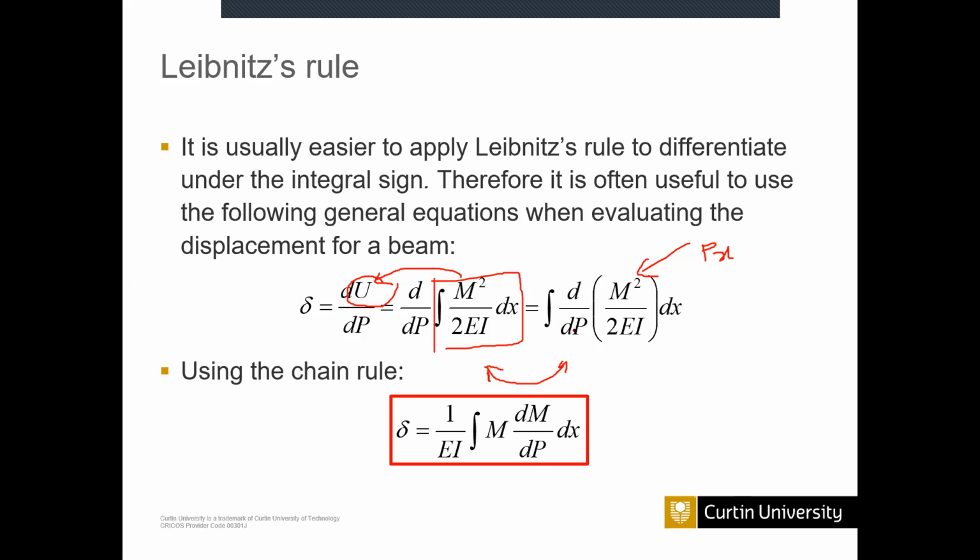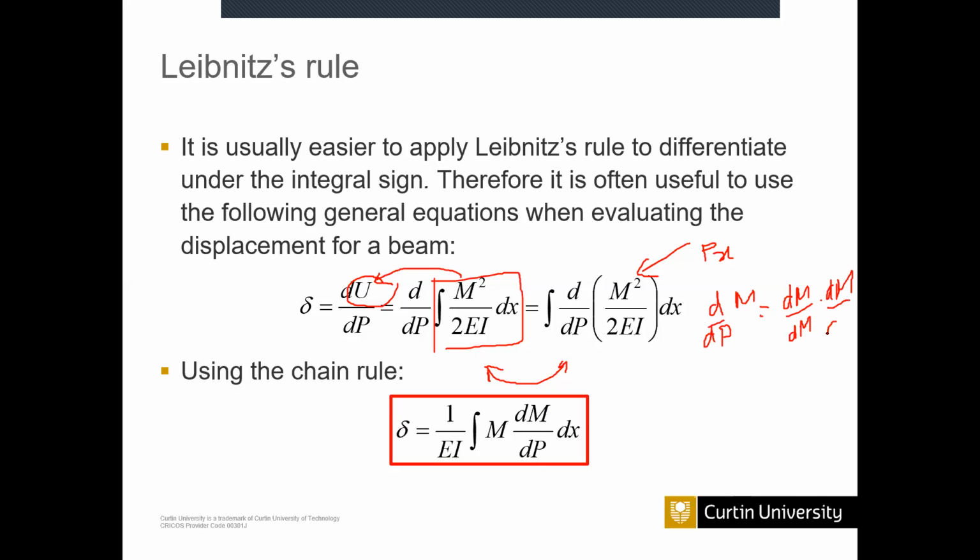So when you differentiate with respect to P, M should be differentiated with respect to P. So this M squared will become 2M. You know the chain rule. If we differentiate M squared with respect to P, this is the chain rule: 2M times dM by dP.